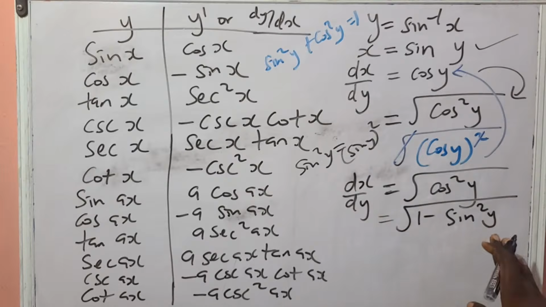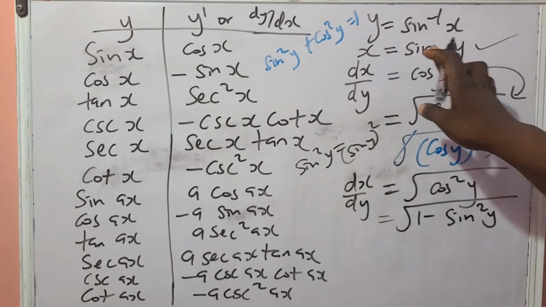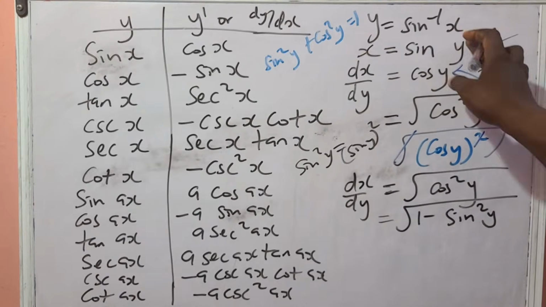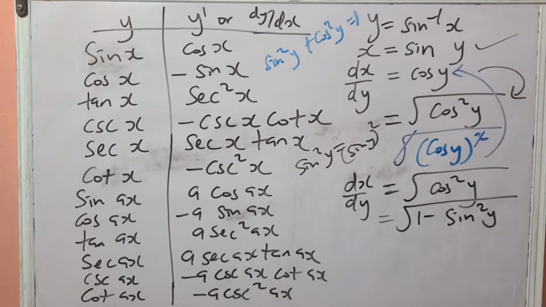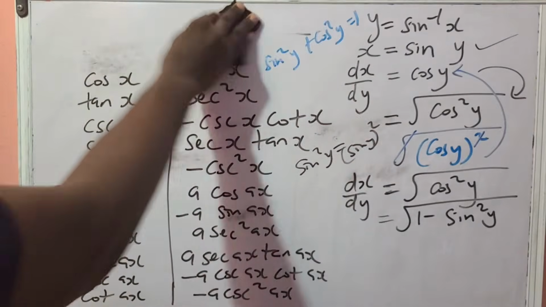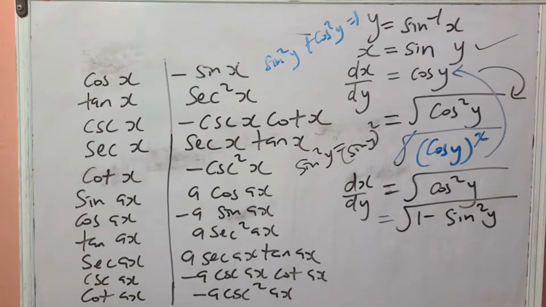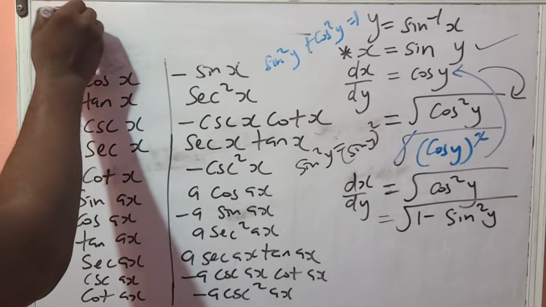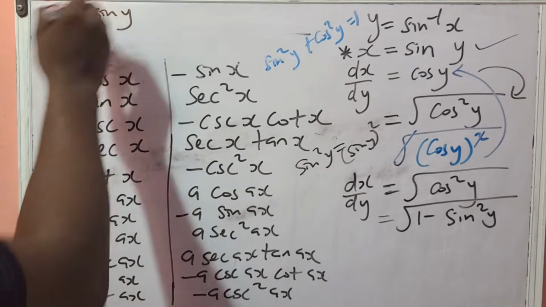So if that's the case, that means if sine y equals x, that means sine, can I rub this top up so that you people can flow well? I don't want anybody to have any issues at all. Permit me to just rub that first one up. So from this star, we said x is equal to sine y.